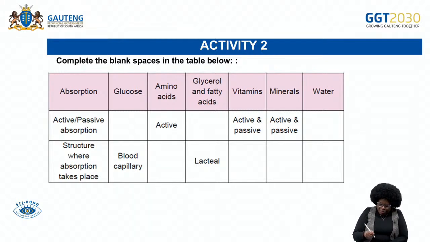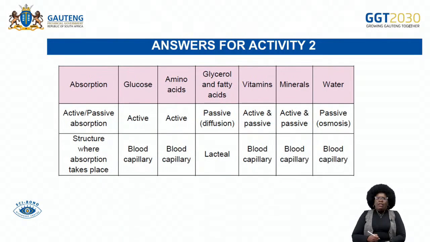So vitamins, minerals, and water. And this table here, once you know it, you are able to tell what is happening where. So let's have a look at our possible answers. Right. So absorption, active absorption or passive absorption.